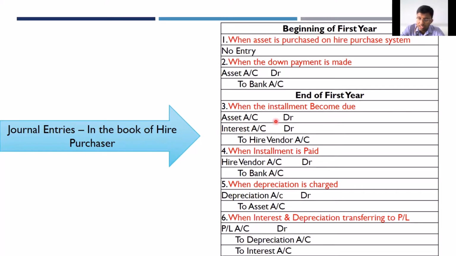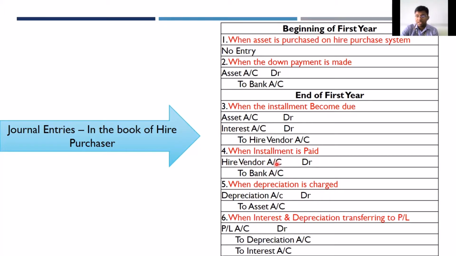Here asset is real, interest is nominal. Nominal's golden rule is debit all expenses. So here you will have to pay interest to the vendor, so it's becoming an expense for you. That's the reason why you're debiting. And then hire vendor is personal, credit the giver. Since the vendor is giving us the asset, that's the reason why we are crediting.